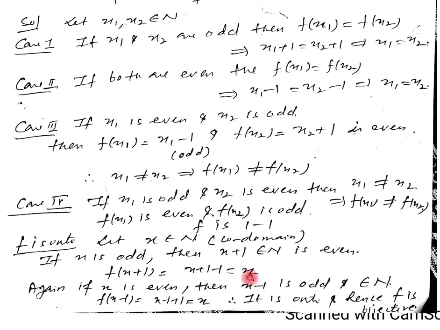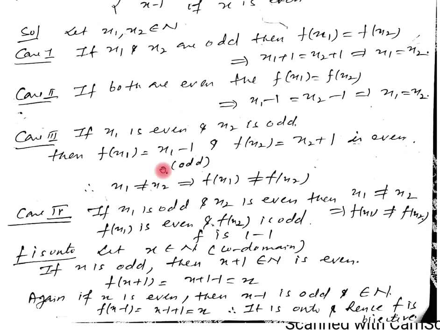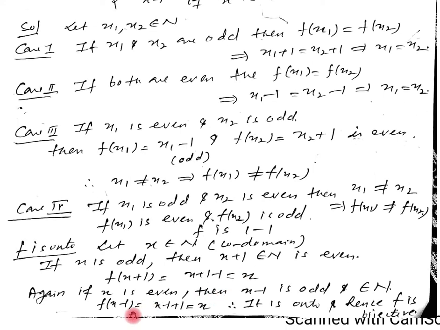This is equal to x. Now we have taken any arbitrary element from the codomain and we have proved that there is at least one element in the domain whose image is equal to x. So in this case the function is onto.